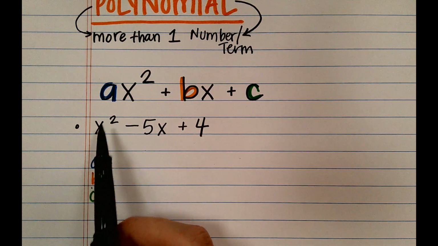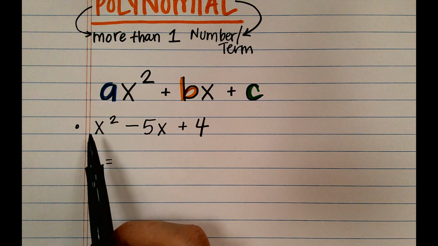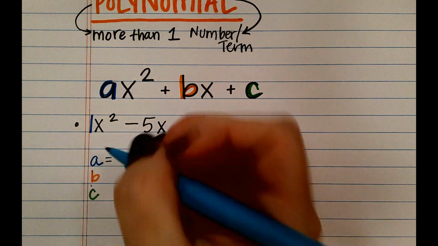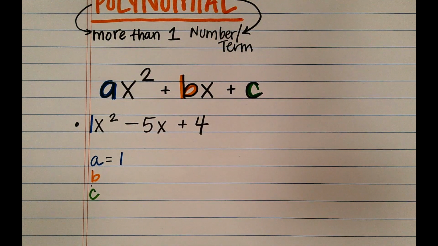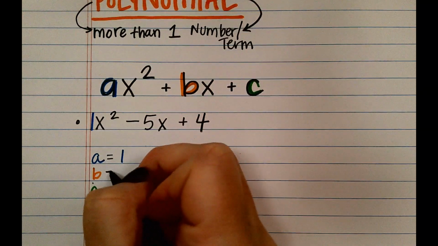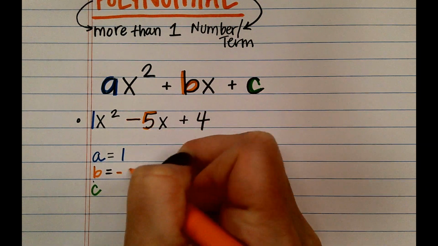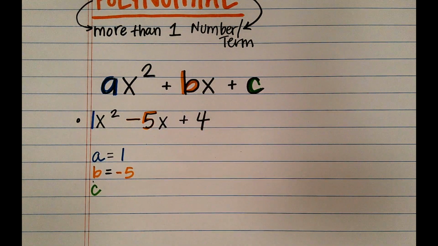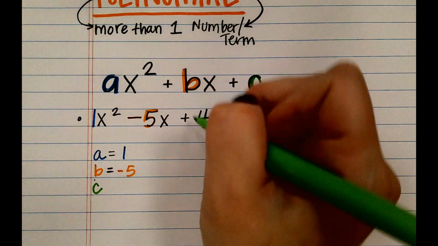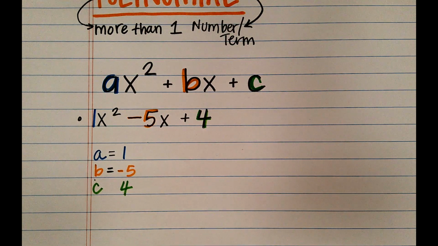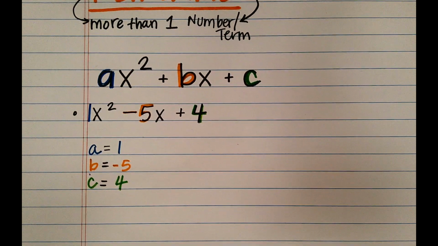What number is in front of x squared? Well, there's not a number, so there must be an invisible 1. So A is 1. What number is B? Minus 5. Good. Minus 5, that's what's in front of my x. So minus 5 is B, or negative 5. What is my C? 4. Perfect. So A is 1, B is negative 5, C is 4. Beautiful.